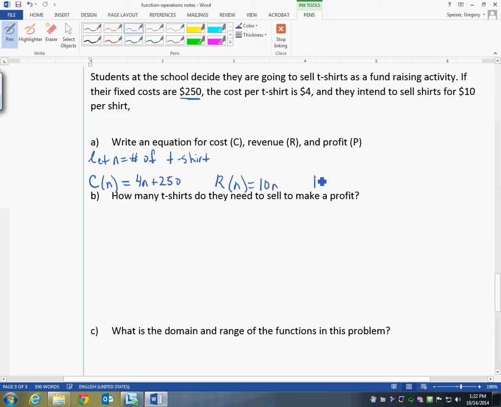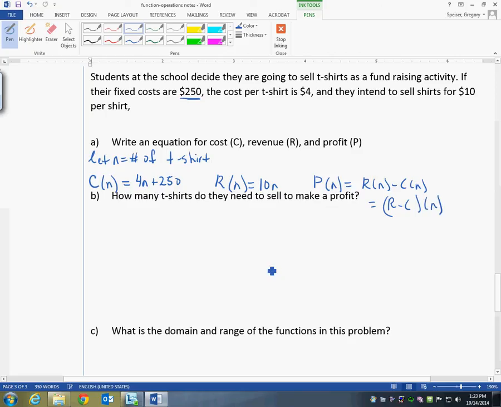Okay, now the profit, that's how much money that they make from this. The profit, it's a function of n, is going to be equal to, now it makes sense, their revenue minus their cost, right? Or another way you can say this, r minus c of n, right?